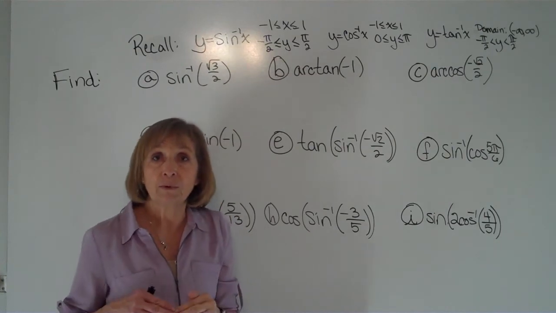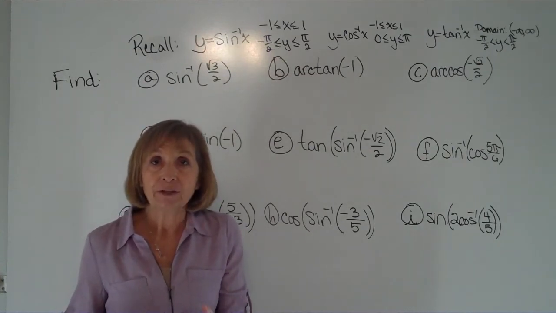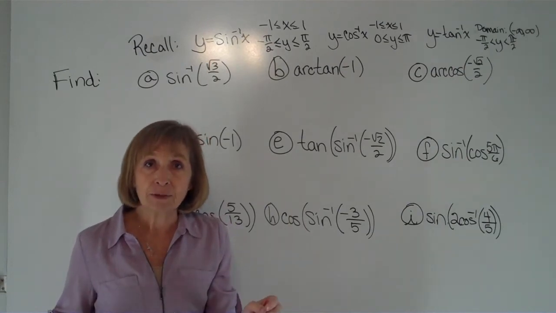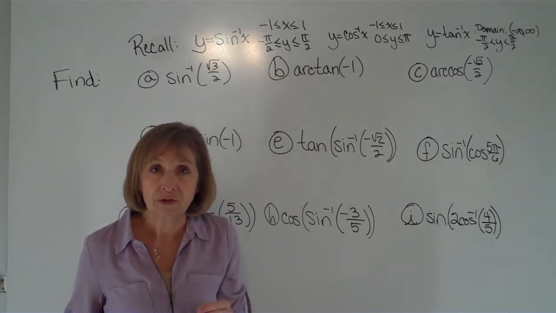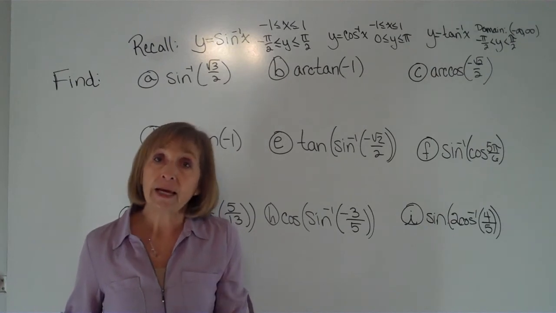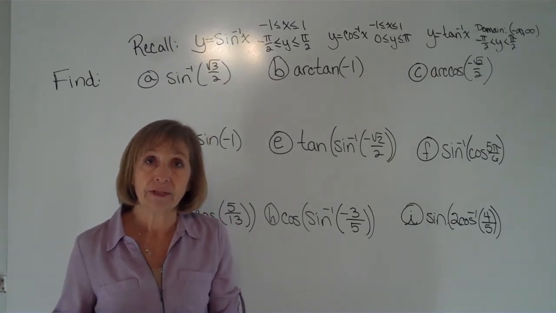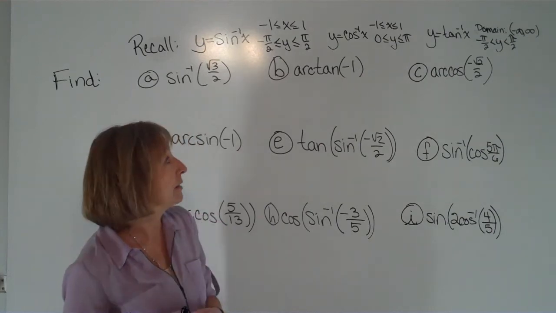So remember, when you have a one-to-one function and you find the inverse function of it, the domain of the original function is the range of the inverse, and the range of the original function is the domain of the inverse. They switch because you switch the x's and y's.